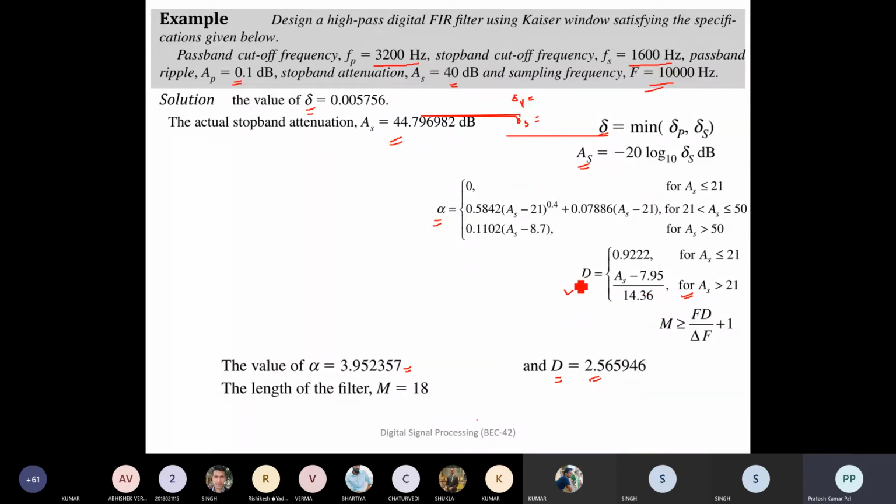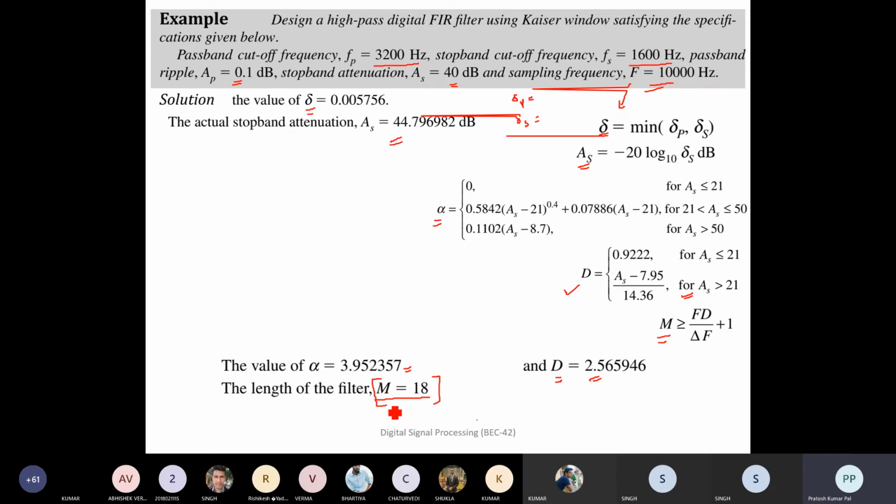Once we have found the alpha and D, and we know the sampling frequency value, we can find the M value that will satisfy all the above conditions, the given specifications. Here also, once putting in the values, we can find the M value, which is coming out to be 18.